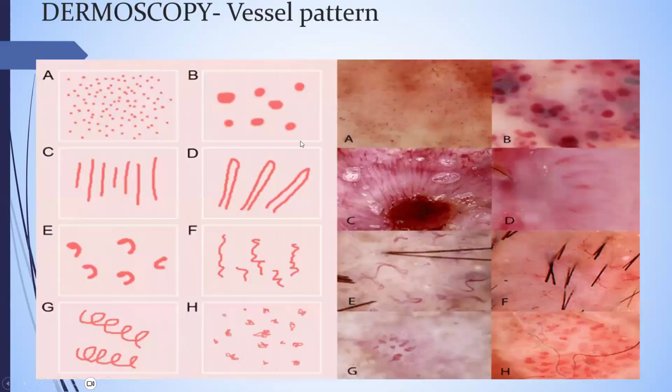And in dermoscopy, there are a lot of patterns which need to be studied. Just imagine how difficult it is for all of us, right? There are blood vessels, spots, dots, larger dots, thicker lines, hairpin bend like blood vessels, and serpiginous patterns, loopy patterns, and all those.